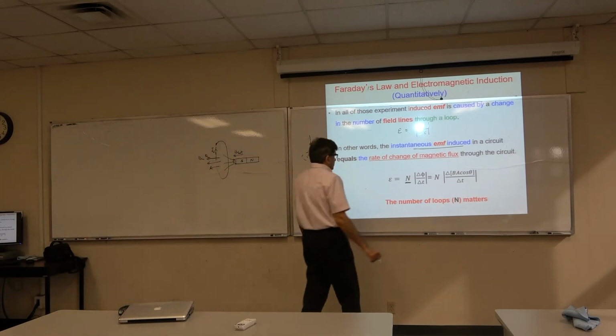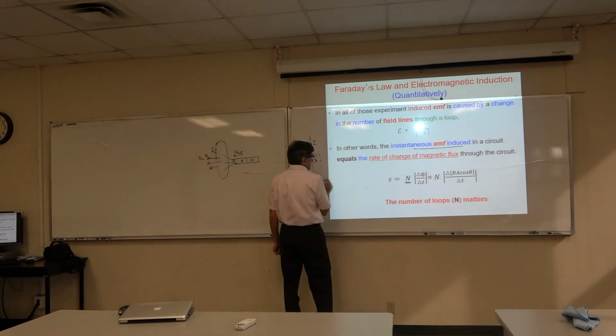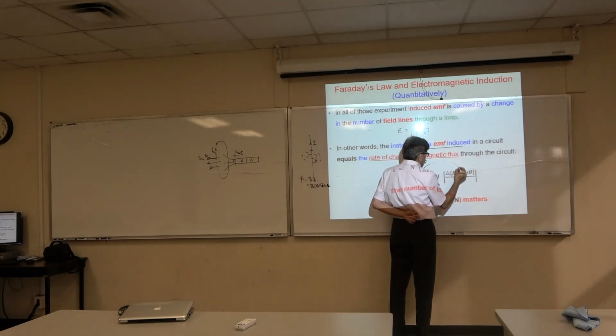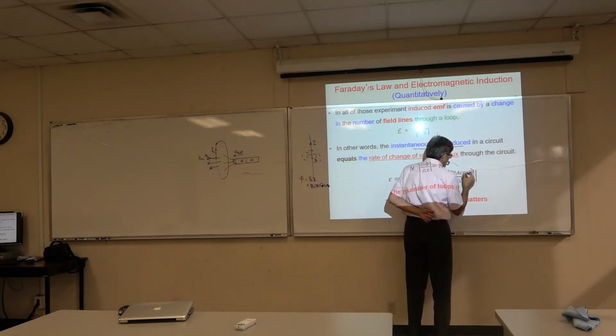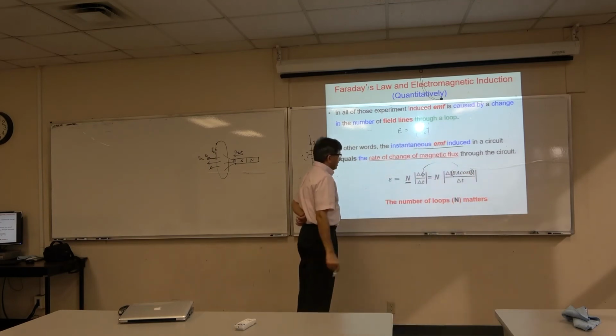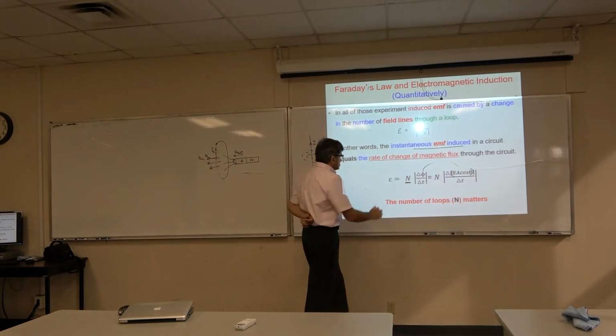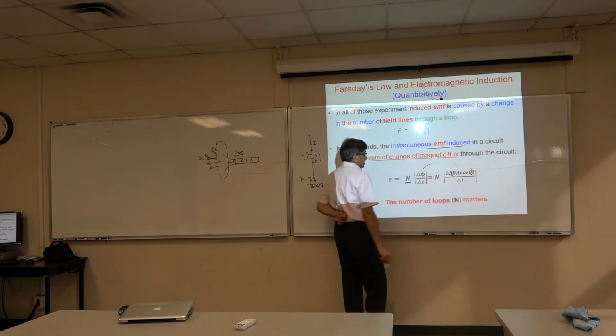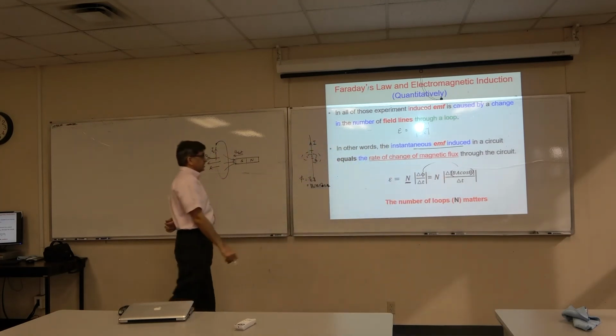Now, what is the flux? Flux is B times A times cosine theta. This is the EMF induced. Now we are connecting the flux with the magnetic field and the area.